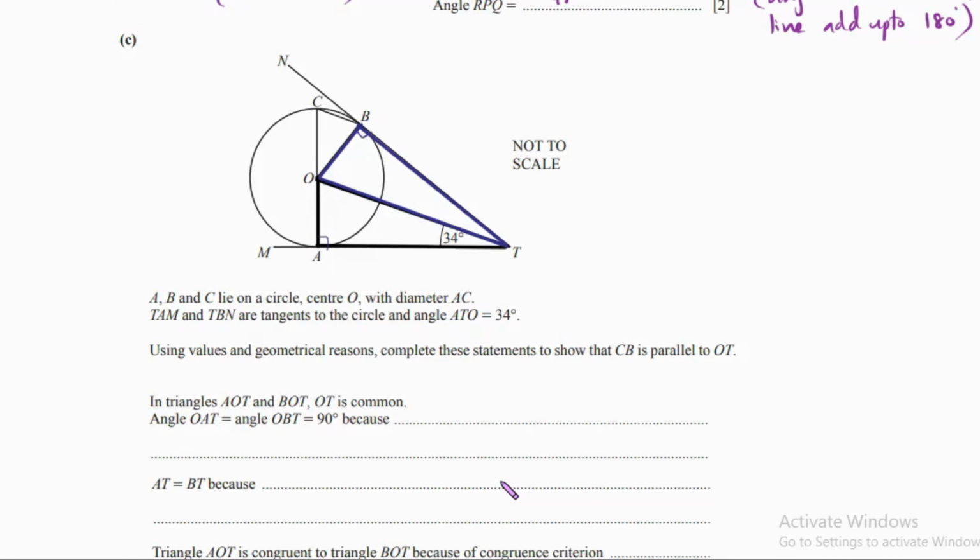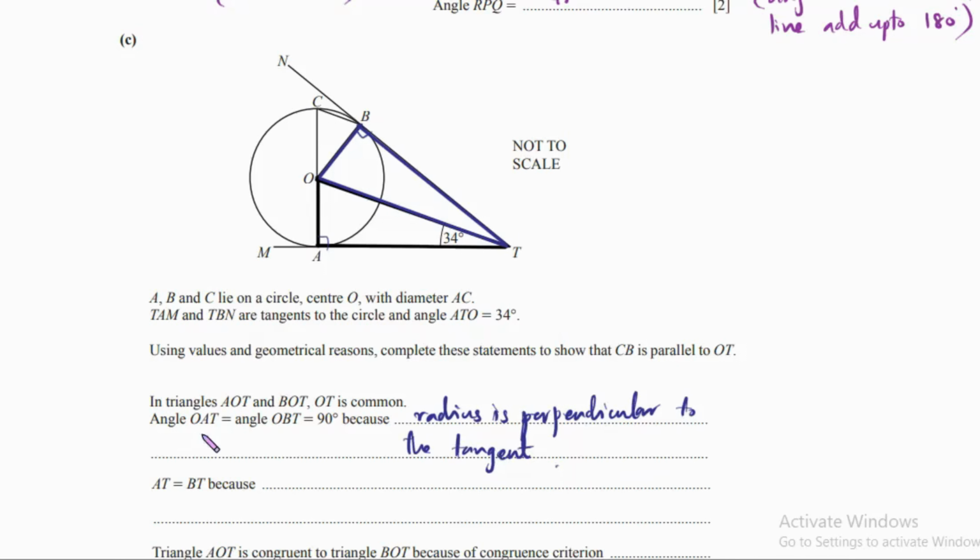The reason is because this OA is the radius and this TM is the tangent. Whenever the radius and the tangent intersect, they meet at 90 degrees. So I can write the reason as radius is perpendicular to the tangent at the point of contact.